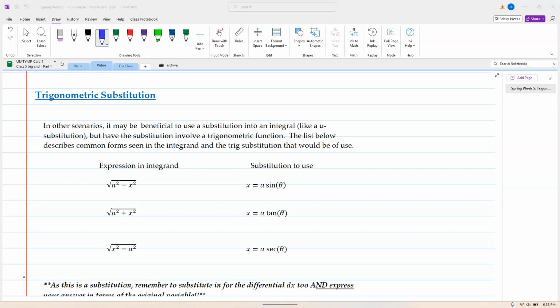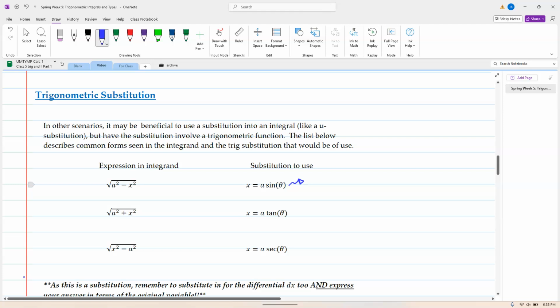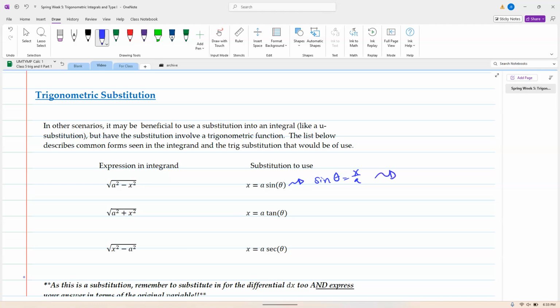But the other thing to bear in mind is that this is actually a right triangle in disguise. And so, for example, here, if we rearrange this and solve for sine theta, it is equal to x over a, so that really means that when I'm using this substitution, I have a right triangle where if I take one of the acute angles as theta, I can say sine of that, which is opposite over hypotenuse, I'd have a triangle that looks something like this, right?